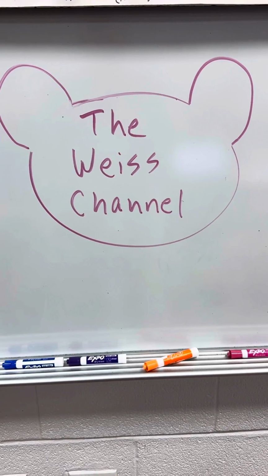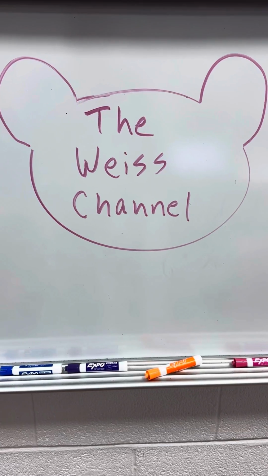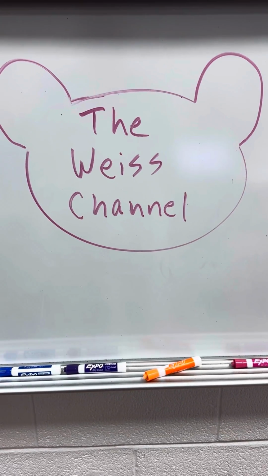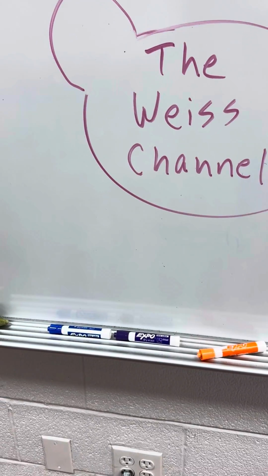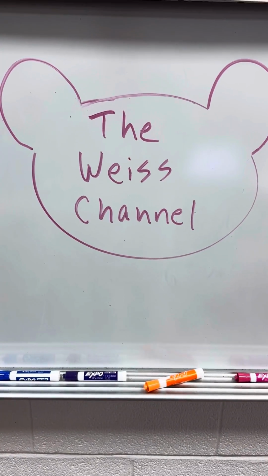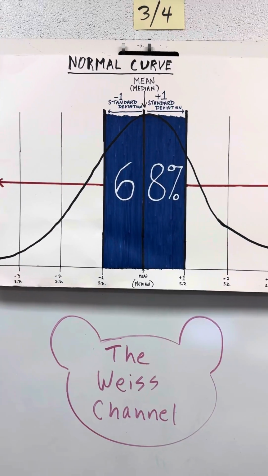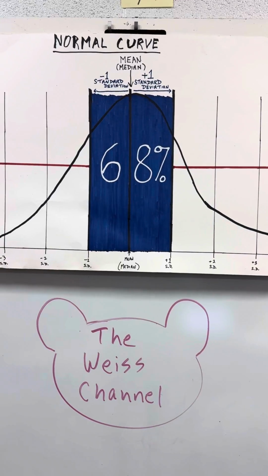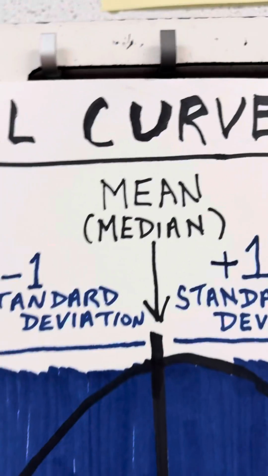Today I'm going to talk about the normal curve and the empirical formula. What? The empirical formula? The normal curve. The normal curve, right, is when the mean and the median are exactly the same, okay?